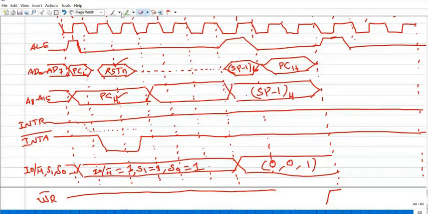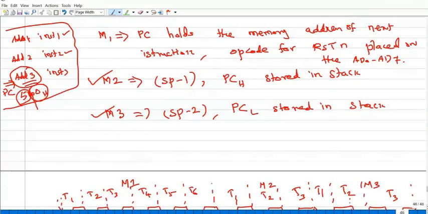So the microprocessor issues the write control signal. During M2, particularly T2 to T3, it should be activated by placing 0 on this. So the next immediate address higher order information is stored in the stack memory.